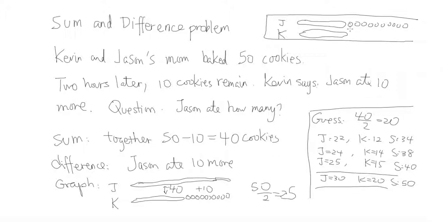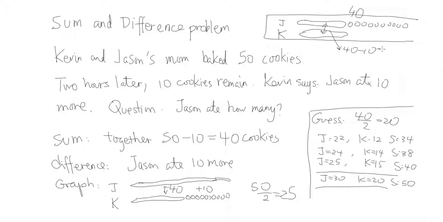Now in the whole picture, you only have what Jason and Kevin ate. The total is 40.